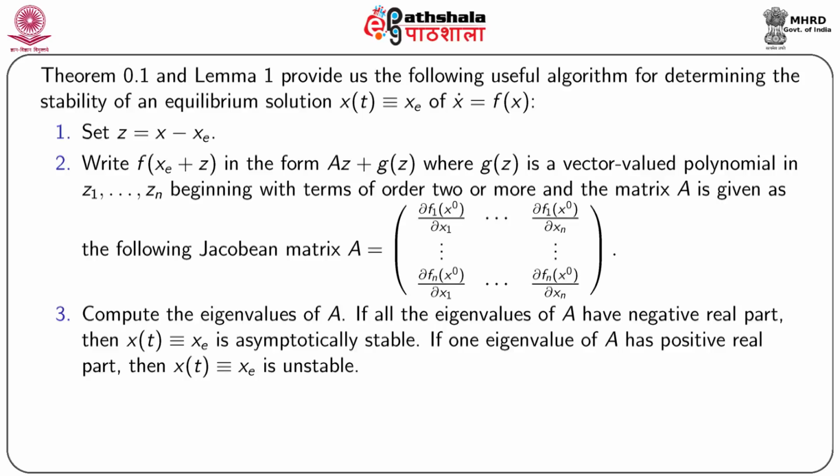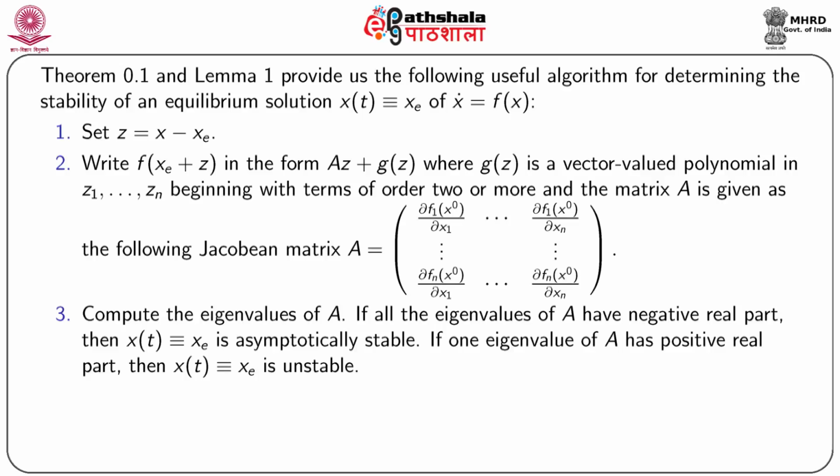If one eigenvalue of A has positive real part, then x(t) equal to x0 is unstable. So, what we are doing here, we are giving a small perturbation to the system, and once you get that perturbation, we expand this function f in Taylor series and only retain the linear part, which is written in the form Az plus g(z).